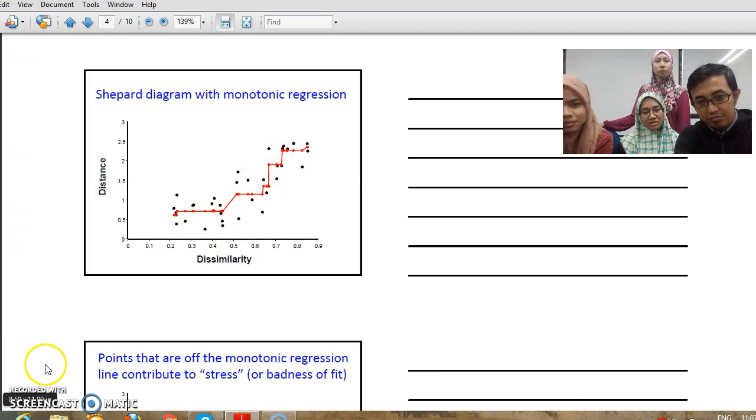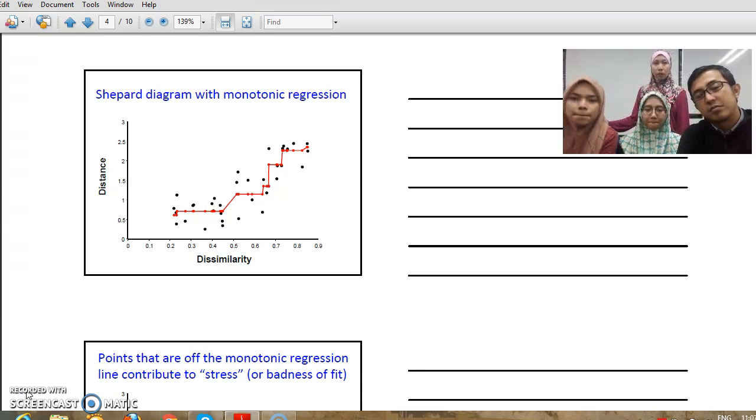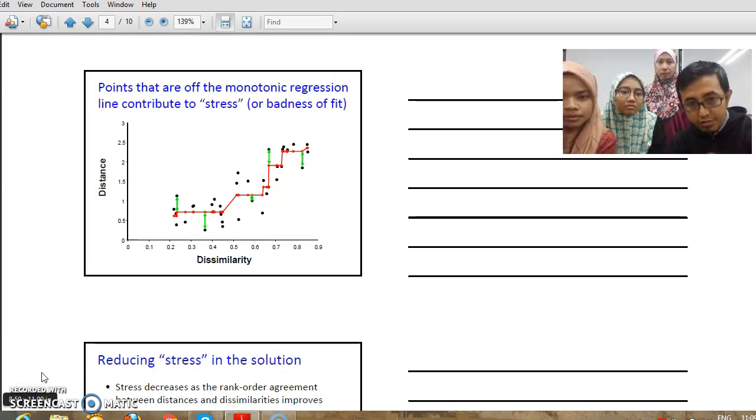Maybe the red line is the fitted value for the distance, which we call monotonic regression, and the points are distance versus dissimilarity. Is it? Okay, thank you, Kak Ayu, for the explanation. Let's see the next slide. Okay, the basic idea for the monotonic regression, as you can see, the red line is the monotonic regression.